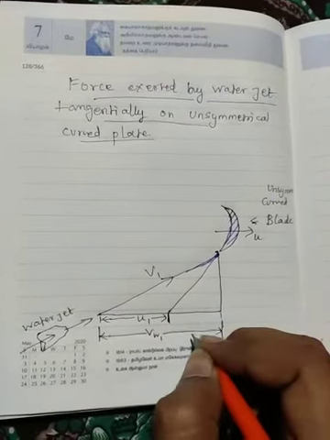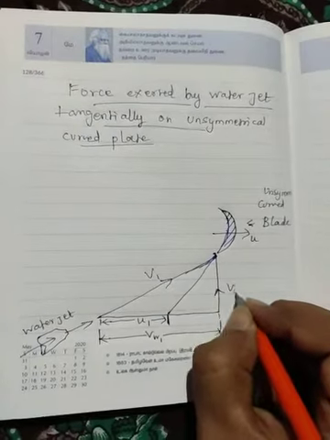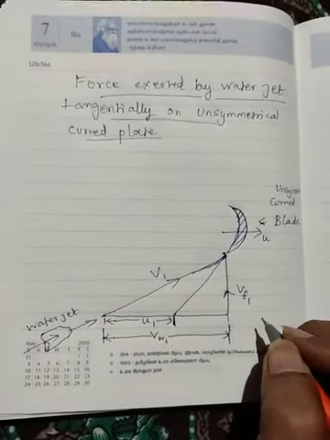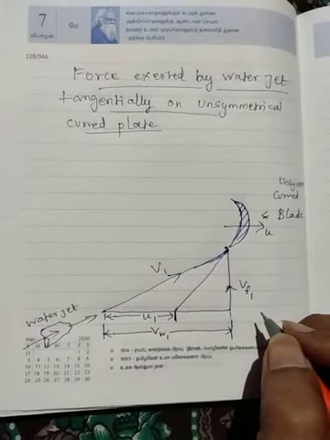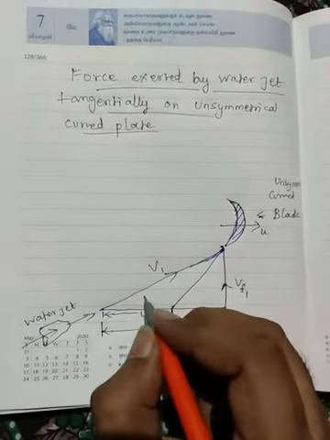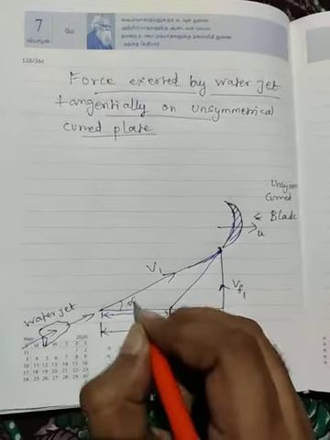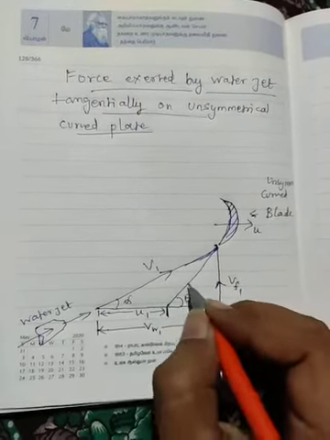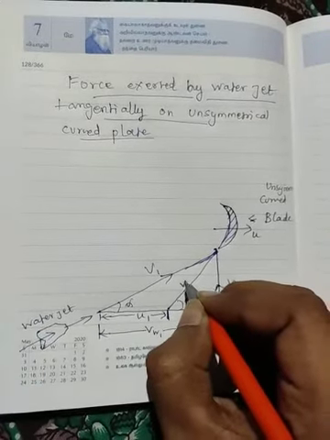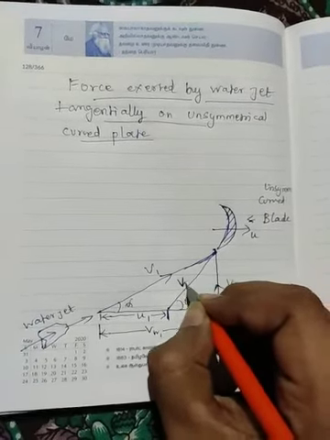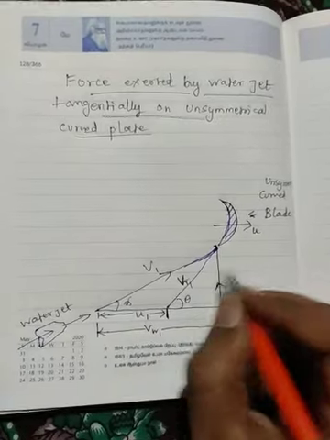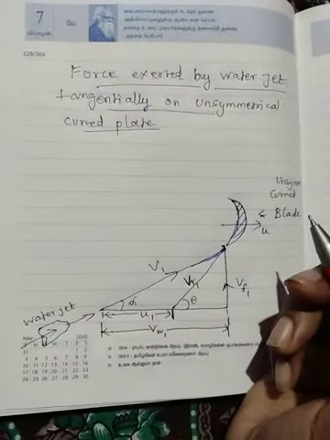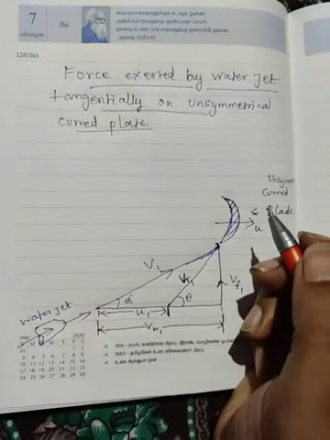There are two components of the water jet velocity: the wheel velocity and the flow velocity. The wheel velocity is kept horizontal, whereas the flow velocity is kept vertical. The wheel velocity contributes to the movement of the blade, whereas the flow velocity contributes towards the movement of the water. The two angles produced between V1 and the wheel component will be alpha and theta.